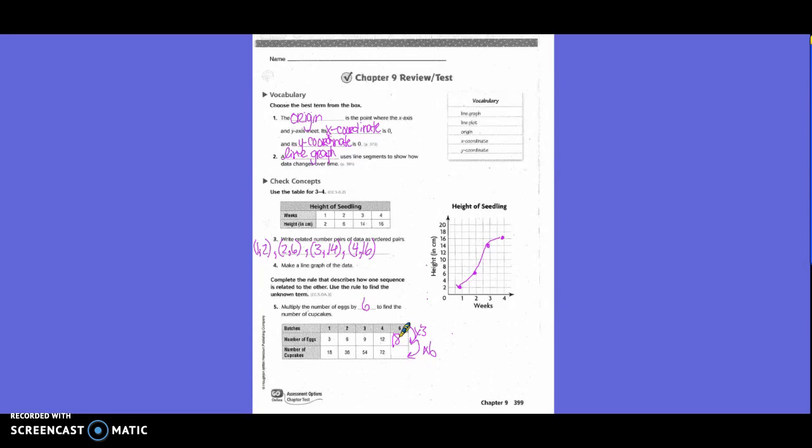Or we could do 18 times 6, right? So what would that be? Or could you also do it this way? Let's just figure it out. Or you could take 36 times 3. What would it be? 108. Okay.